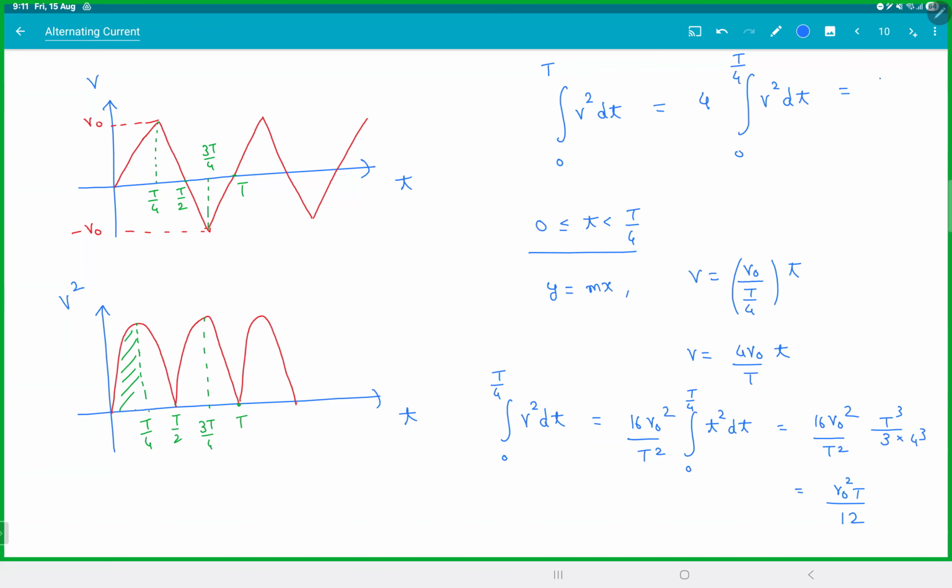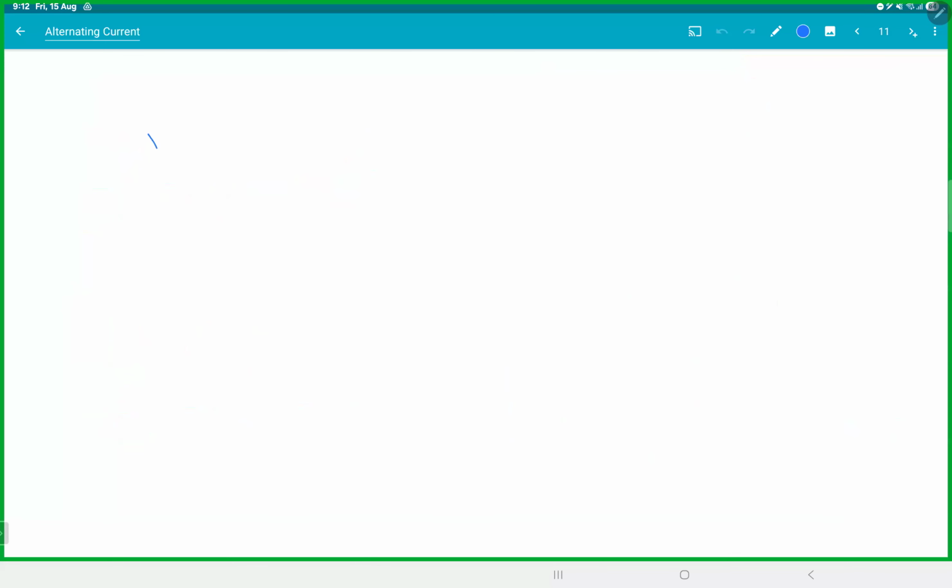So this thing turns out to be V naught square T by 3. So then we are done. This will be V naught square, and VRMS is V naught by root 3.